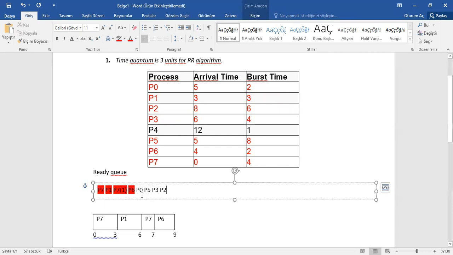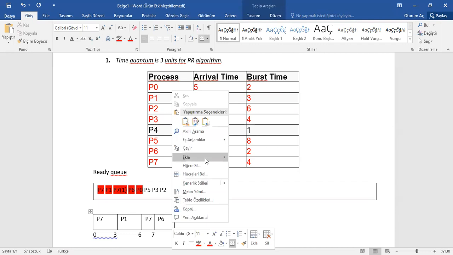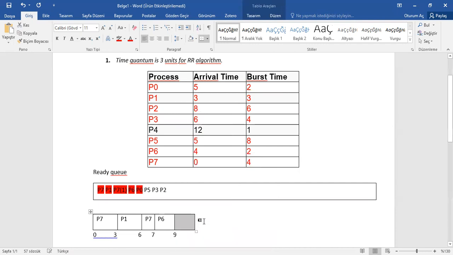And I will execute process 0. Its burst time is again 2 nanoseconds. So let's add another cell. So process 0, 2 nanoseconds, time will be 11.